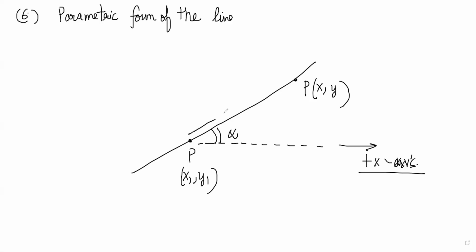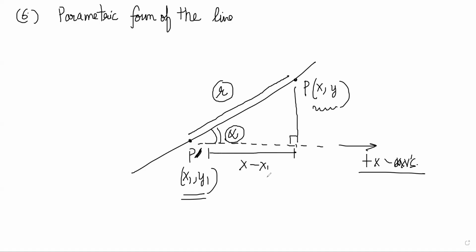And let's say the distance between the 2 points, let's call it P dash and P, is r, right? So automatically in this figure, if you know r and alpha, you can express x and y in terms of x1, y1, because we can drop a perpendicular like this and we can say that this distance is x minus x1 and this distance is y minus y1, and that is obviously r cos alpha and r sin alpha.